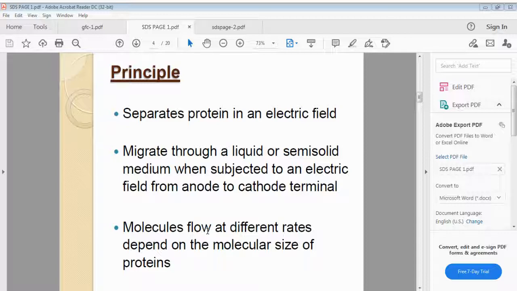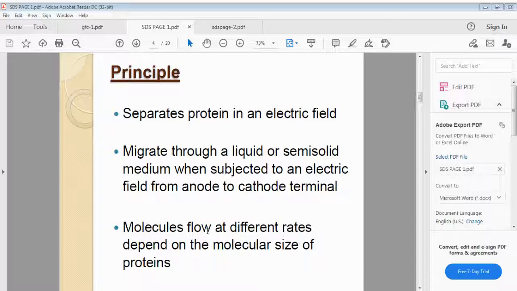The protein molecule having 100 amino acids, when it is attached with SDS, 50 molecules of SDS will bind to this particular protein. I told you, one molecule of SDS will bind in between two amino acids. So when the protein is having 100 amino acids, 50 molecules of SDS will bind to it. Okay, so the total charge attributed to the protein by binding with SDS will be 50.